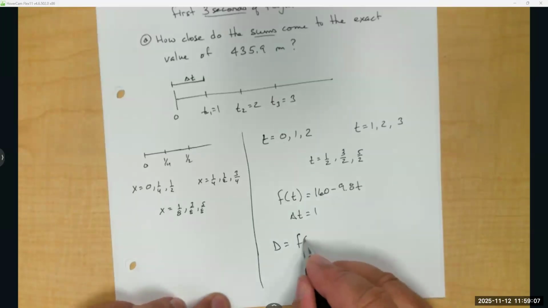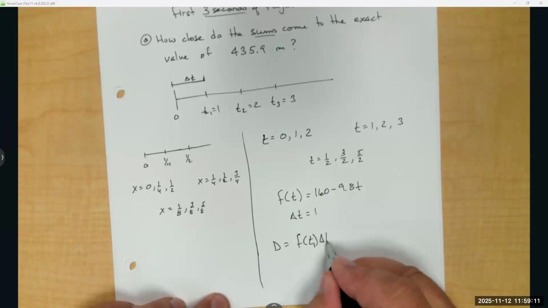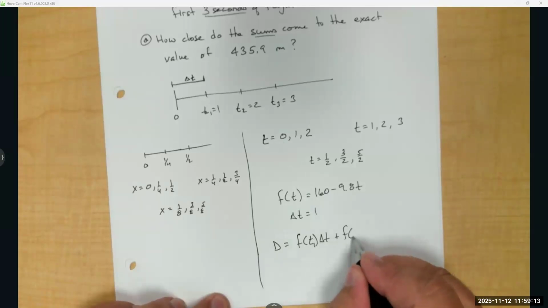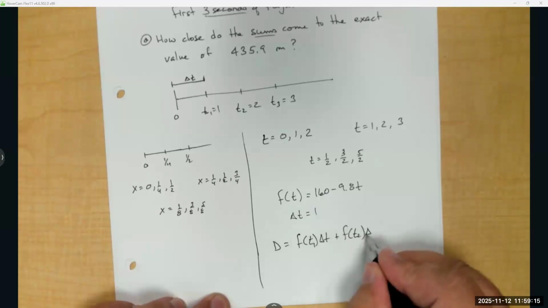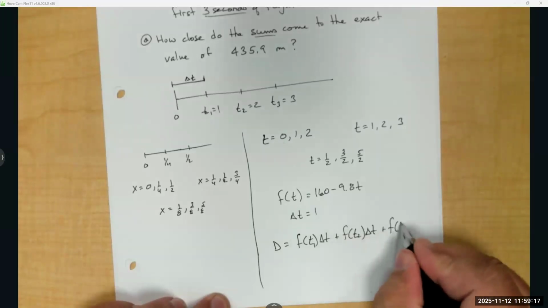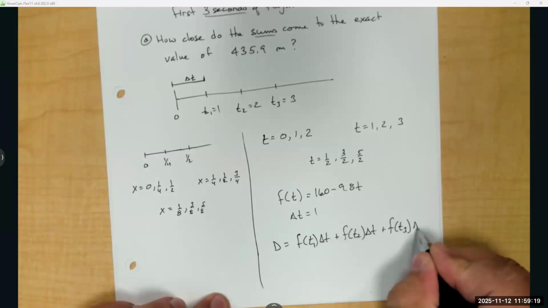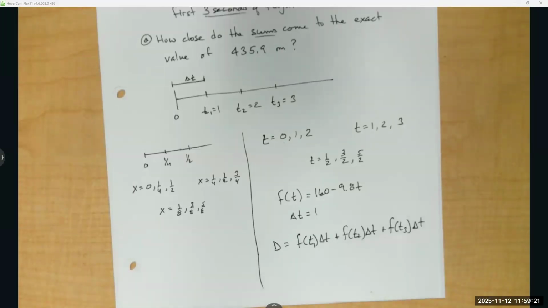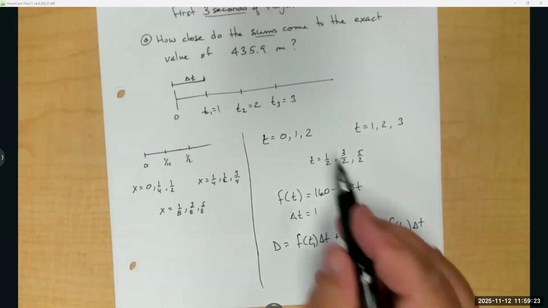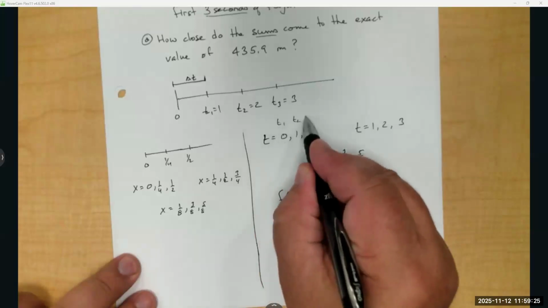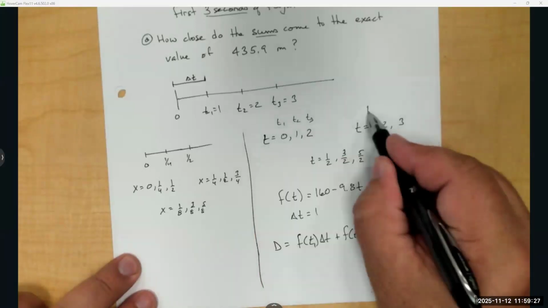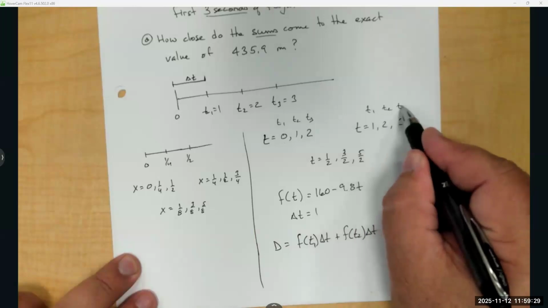So it's going to be f of t1 times delta t plus f of t2 times delta t plus f of t3 times delta t. This is t1, this is t2, this is t3.